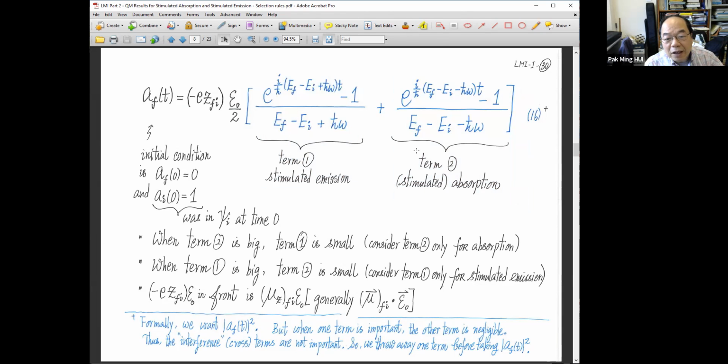In fact, if this denominator is close to 0, I think this is like 2h bar omega.